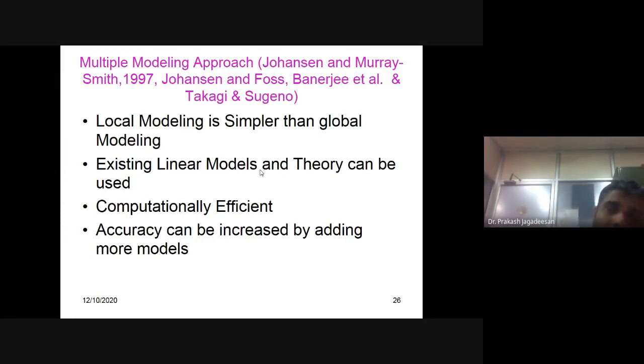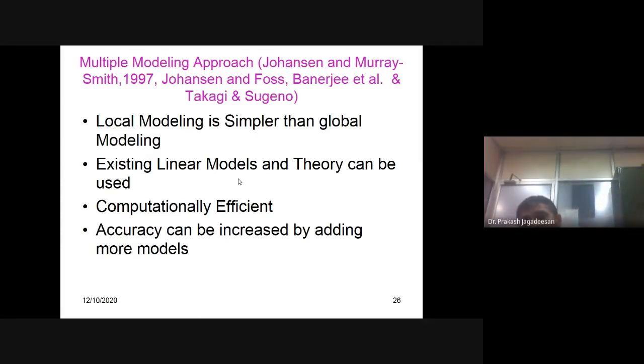The advantage is that the existing linear model theory can be used, and such models are computationally efficient. It is easy to estimate the parameters of linear models. And if you want to improve the accuracy, you can add more models, whereas if you build a single nonlinear model, improving the accuracy will be difficult.